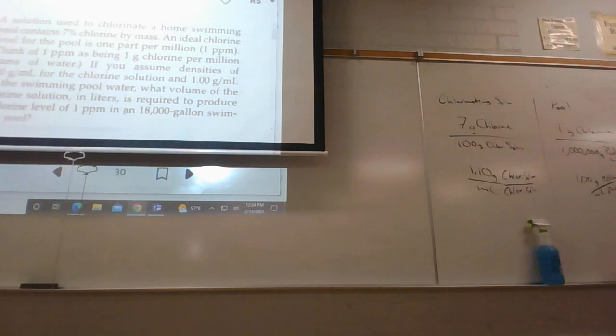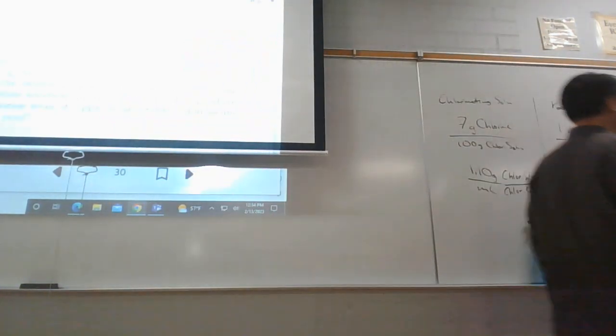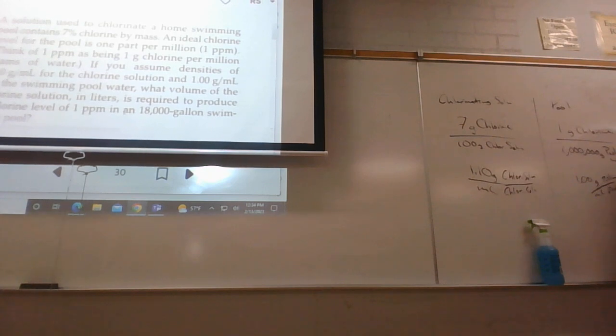And what I'm going to do is I'm going to pour some chlorinating solution in here. And what they're asking for is how many liters of chlorinating solution do I need to pour in here to get the ideal level of 1 ppm chlorine in this swimming pool? So how can I solve this?